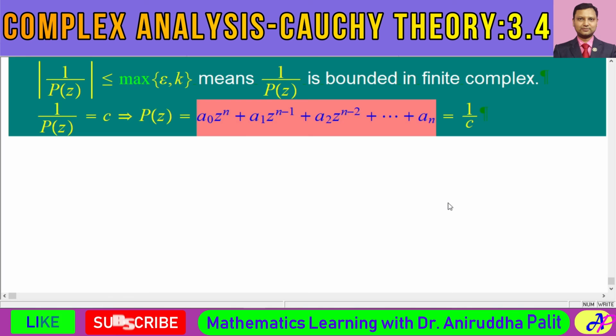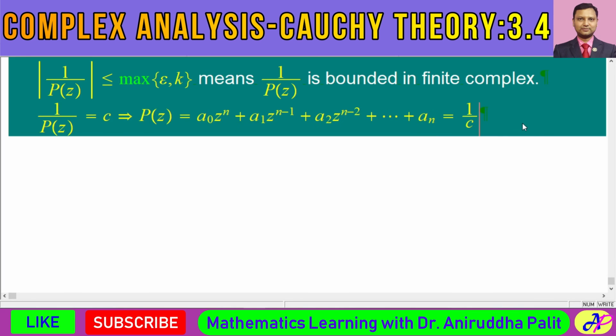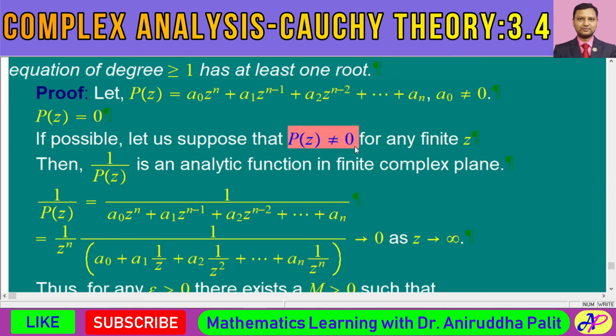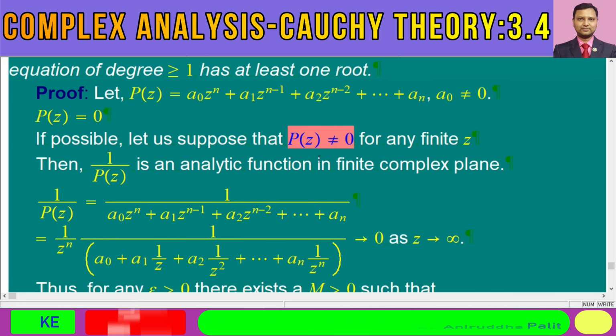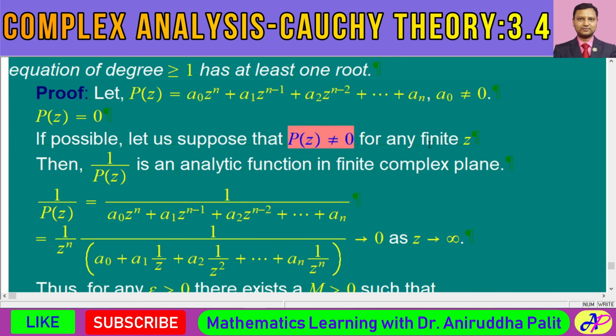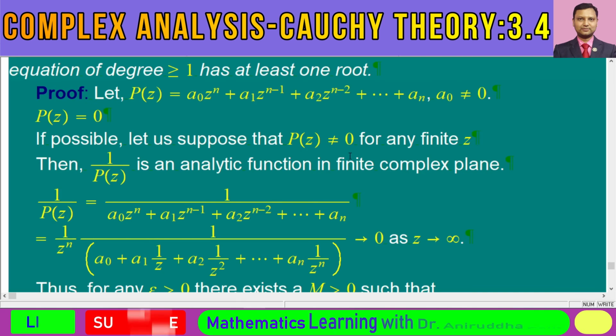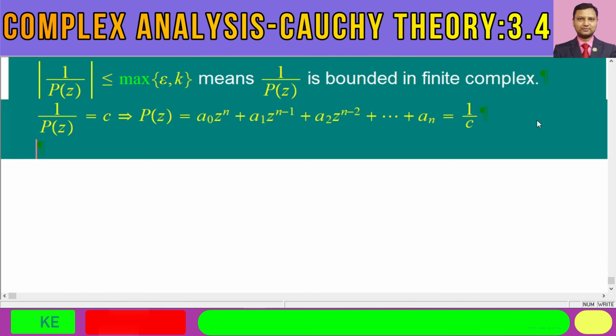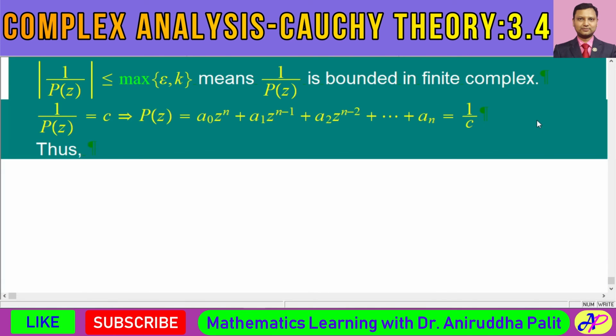So our assumption was wrong, that p of z is not equal to 0 for any finite z. So what would be the correct conclusion?